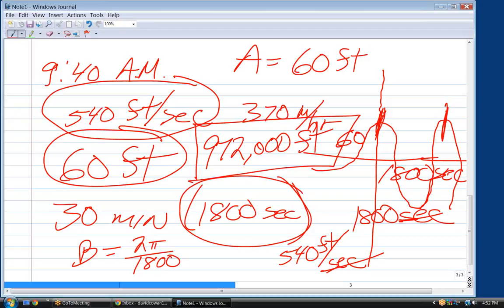I'm trying to think for a second. Now hold on, if there's 1800 seconds between those waves, and it's going 540 feet per second, for 1800 seconds it's going to go 972,000 feet. So I think that's our answer. It's an interesting problem because we have a traveling sine wave.